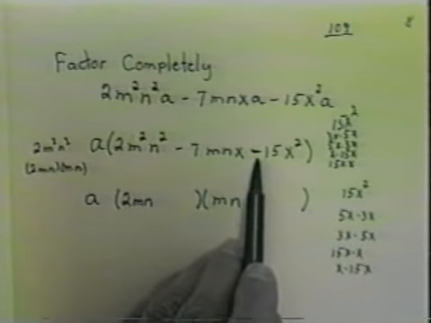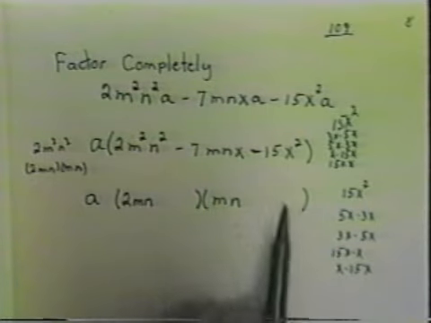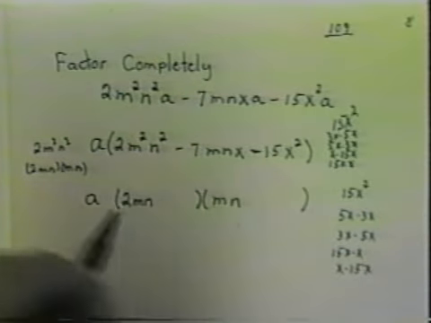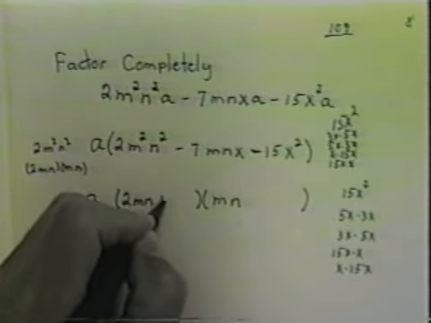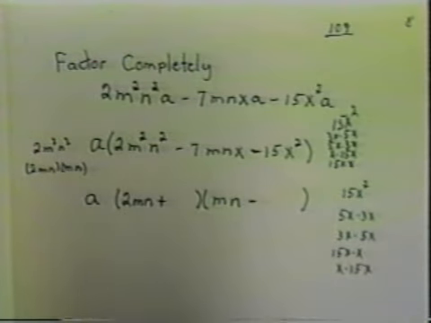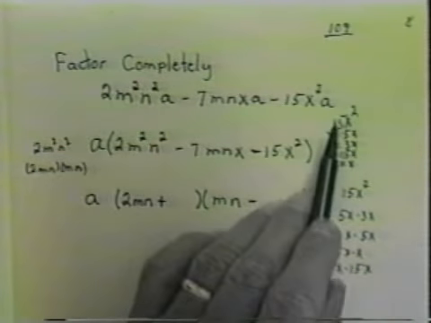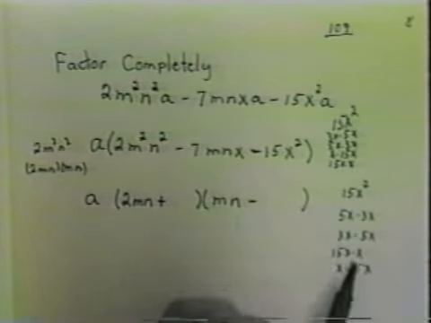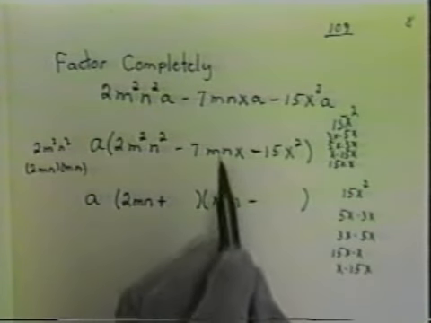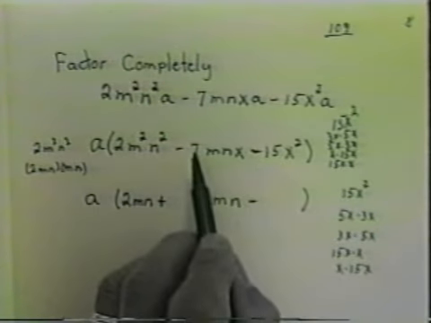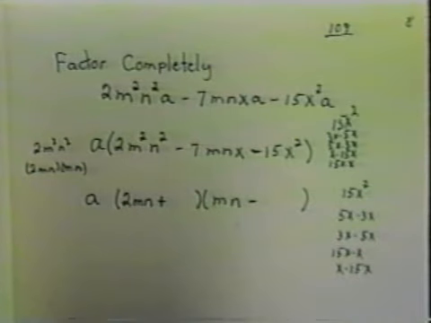We know that the signs are going to be different, so I'll just guess this is positive and this is minus. Now we need to come up with which of these combinations for 15x squared will check to give me the negative 7mnx. Well, which one do you want to guess?